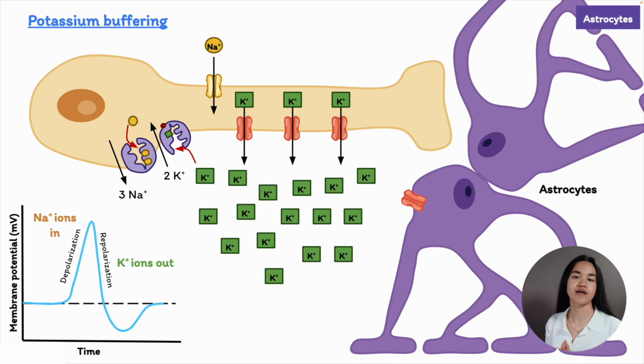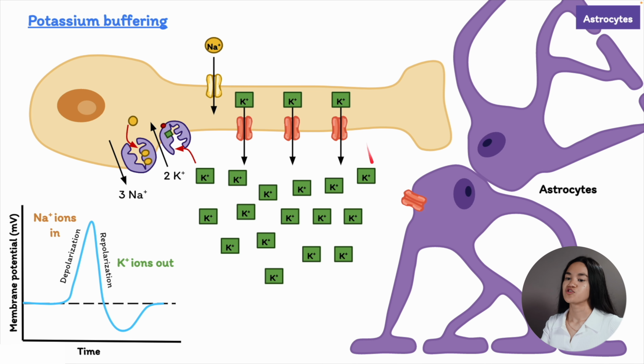Because what happens if you don't get rid of this excess potassium in this extracellular space here? There won't be a gradient anymore, which means less potassium will leave this neuron, and this can lead to hyperexcitability and eventually inactivation or decreased excitability. And we don't want that to happen. We want to maintain normal neuronal excitability.